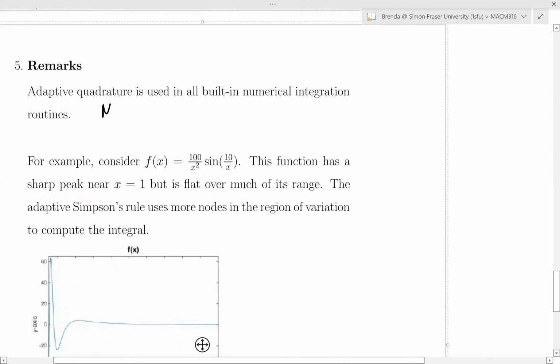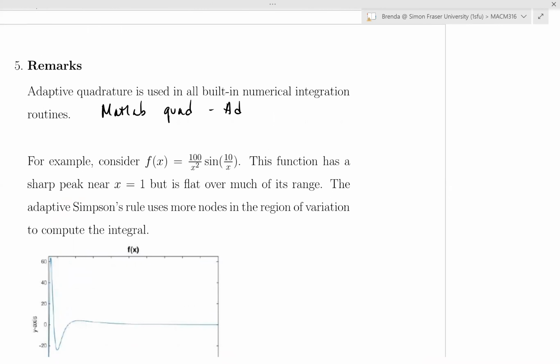I think the quad function is no longer well used, but it uses adaptive Simpson, and then the MATLAB newer flavor of doing this, the integral command, which we're not handling actually, uses global adaptive quadrature.